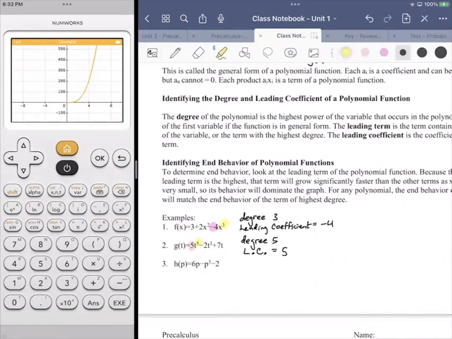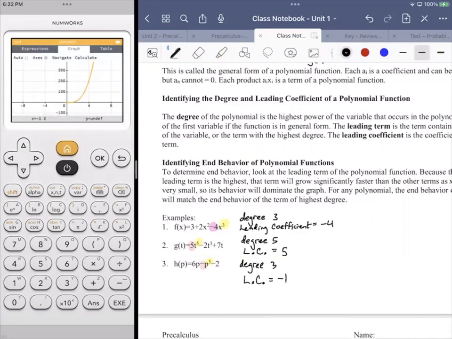It's the same idea. All right, so my highest power here is 3. So my degree, I'm looking at degree 3. And the leading coefficient in this case is going to be a -1. And I'll focus on the first one in terms of the graph.